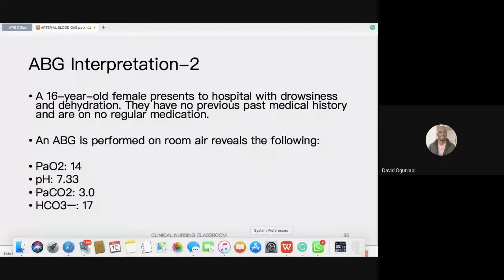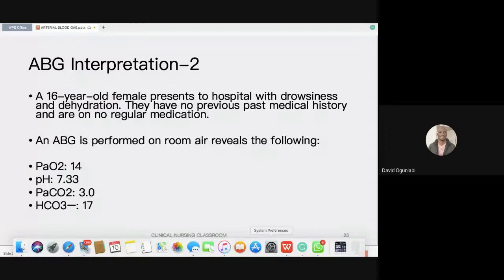This is metabolic acidosis. So up to this point, we have said pH is 7.33 as acidosis, and then we have ruled out respiratory source because it's pointing towards alkalosis. But now we see that bicarbonate is pointing towards acidosis.